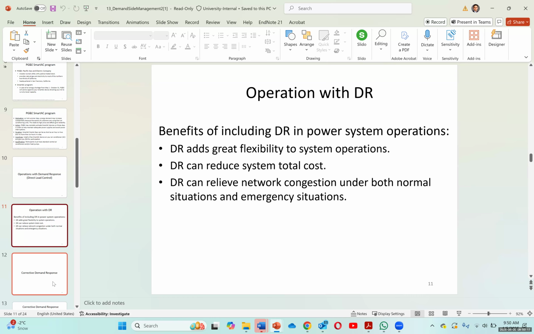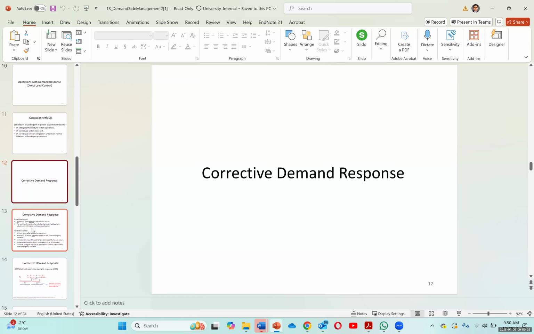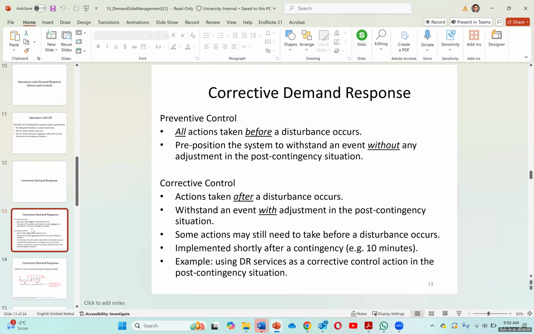Then we have the corrective demand response, or what we call the CDR. For the CDR, we have two types of controls in the system: preventive control and corrective control. In preventive control, all the actions are taken before a disturbance occurs. Usually, it's connected to the forecast.